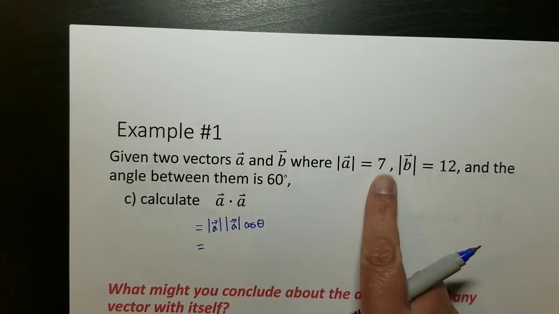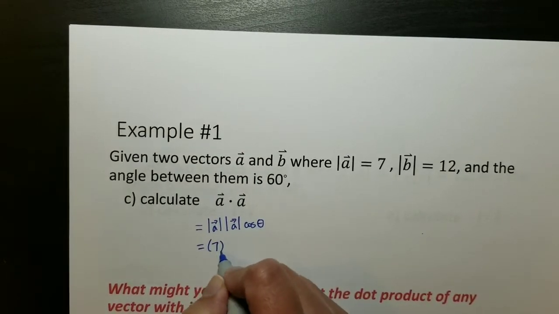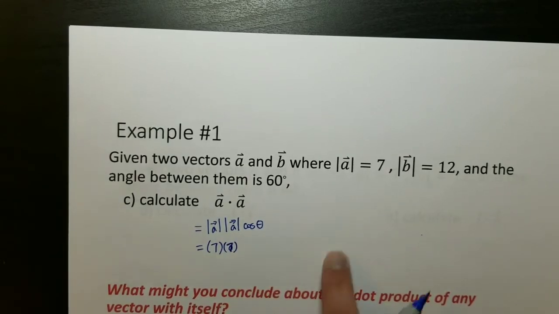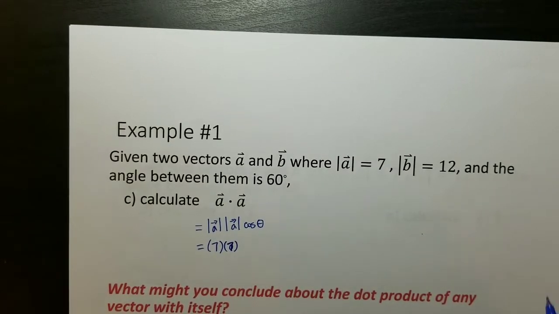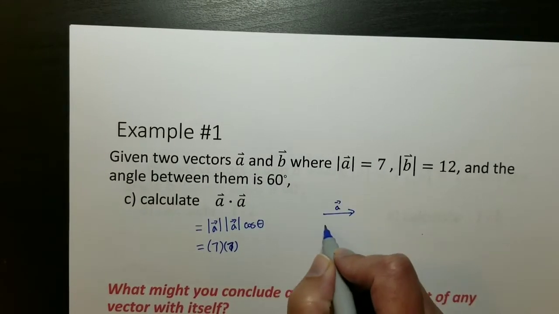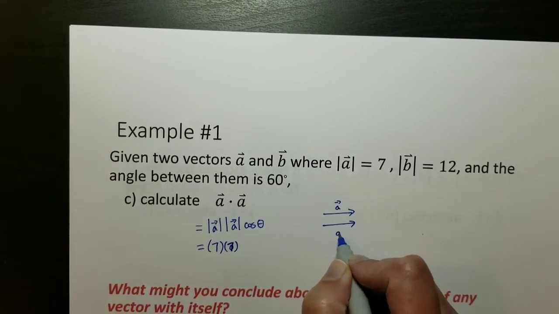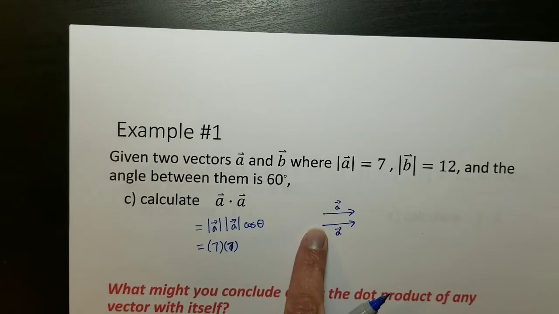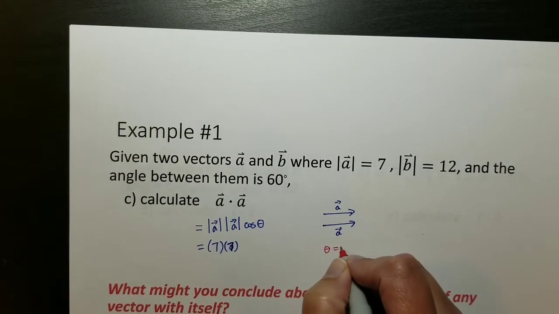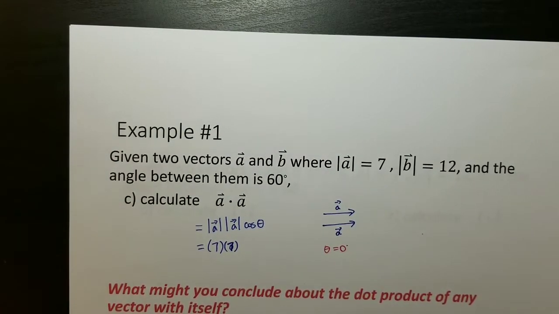The magnitude of A is 7, and the magnitude of A, again, is 7. What about cos theta? If I had vector A and the same vector, what angle would be between those? If we put them tail to tail, theta would equal 0 degrees.